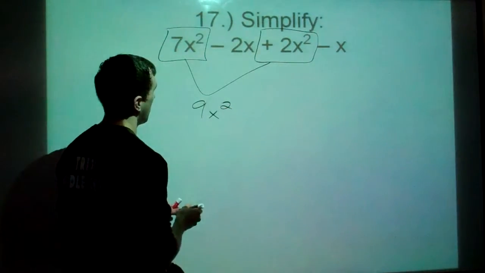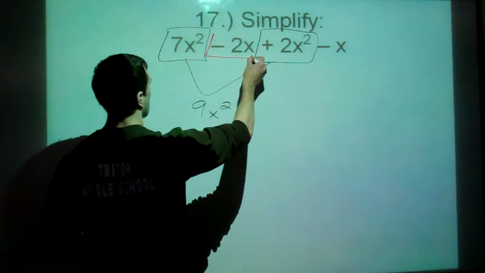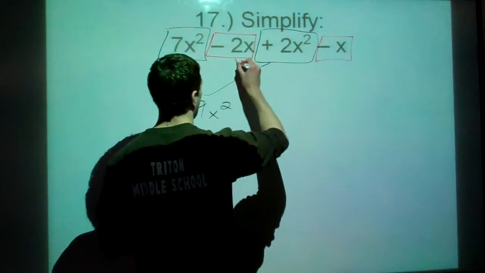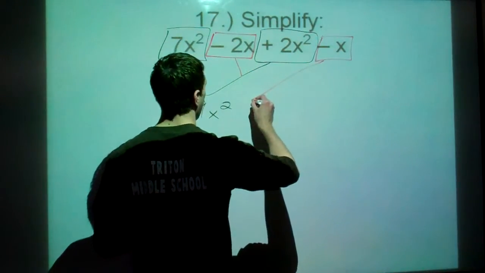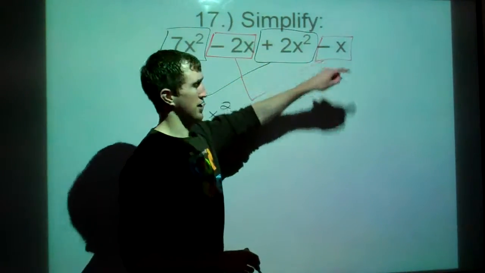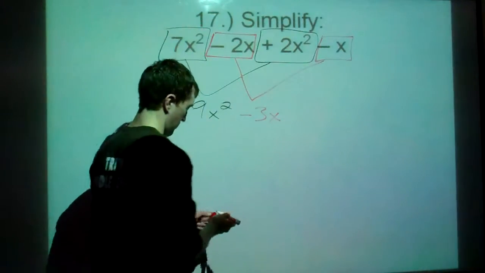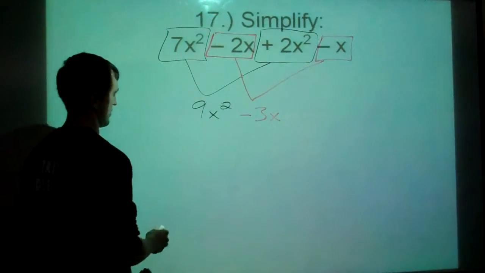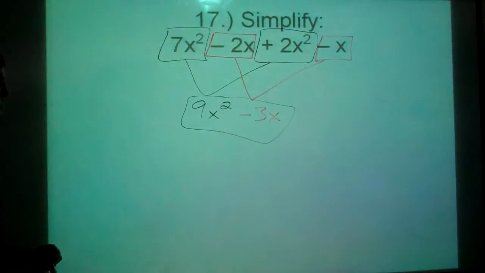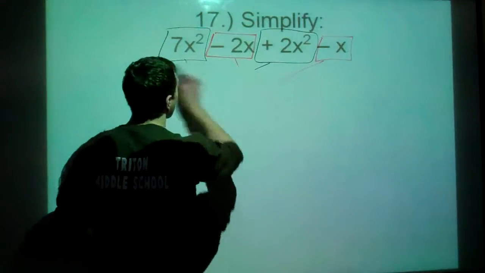And then we have things with just an x, negative 2x and a negative x. So negative 2 plus negative 1 is negative 3. So our answer is 9x squared minus 3x. Combine like terms.